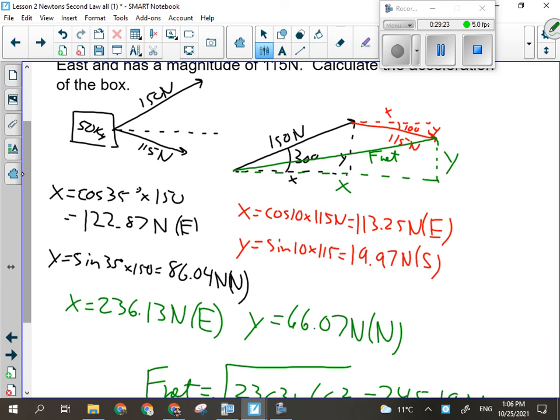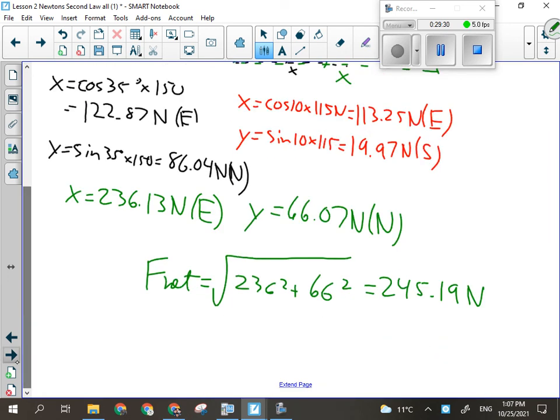Looking at my triangle here, this is the angle I want to find. It's going to be north of east, but I'll use y and x to get it. They're the opposite and adjacent sides. So inverse tangent, tan to the minus 1, of the opposite side, which was 66, over the adjacent side, which was 236, will give me theta.